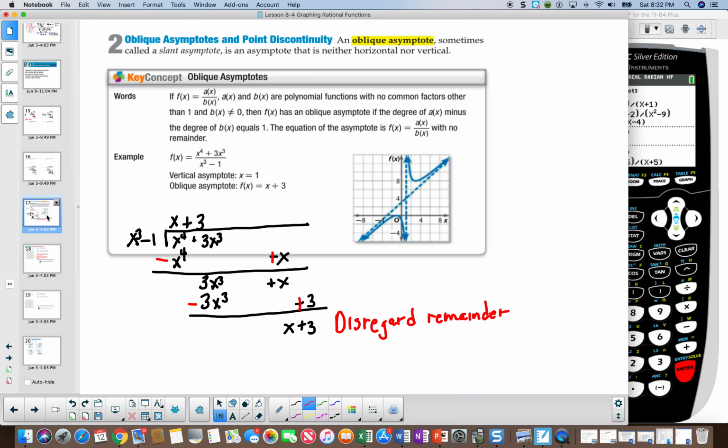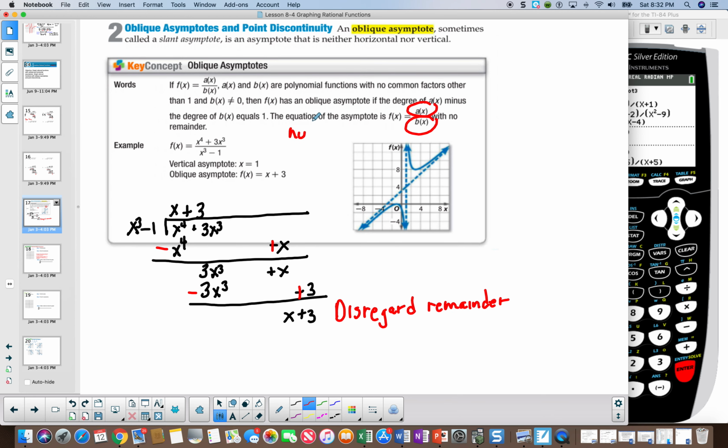Let's take a look at an oblique asymptote, what we also call a slant asymptote. It's an asymptote that is neither horizontal nor vertical. Now this happens when the numerator and the denominator differ by 1, where the numerator is 1 bigger in degree than the denominator. And that's what's happening over here. The numerator degree is 4, and the denominator degree is 3.